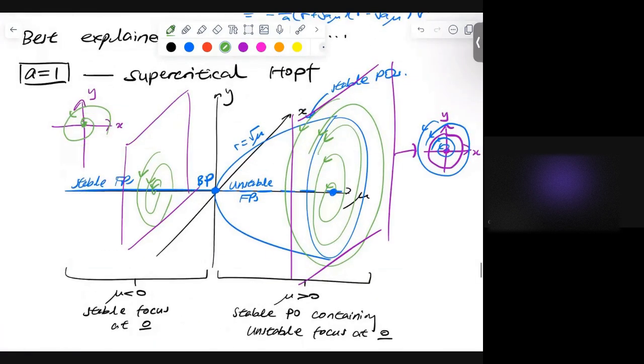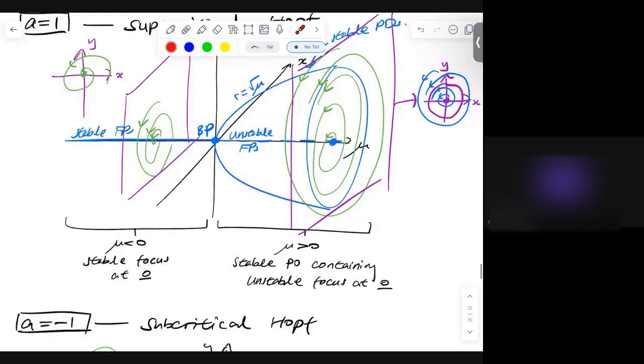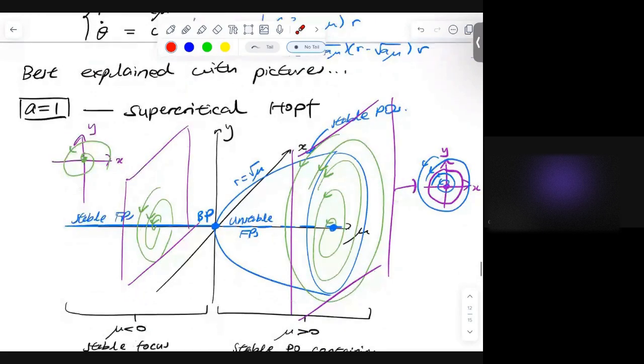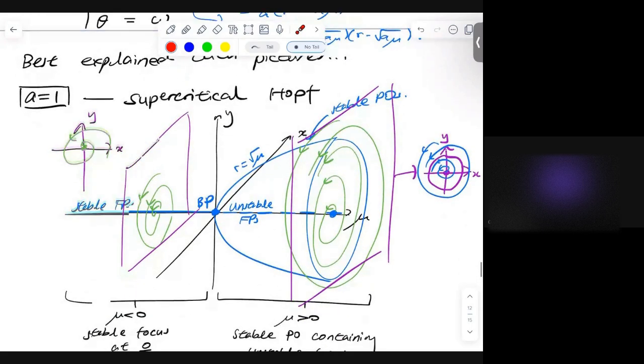So you can say a stable fixed point changes stability and sheds a stable periodic orbit. That's what you would say. I think of it as, if it's supercritical, then the envelope is stable.